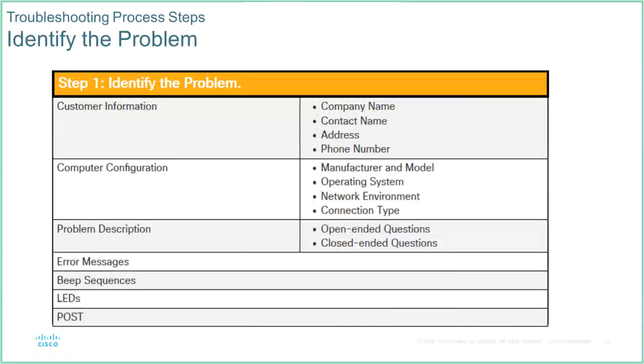So who they are, who your contact is, where they're located, and how to contact them with a phone number and so forth. The equipment needs to be identified, what the environment that it is in, as in what operating system they're using, what sort of network they're using, what types of connections are connected to the devices.